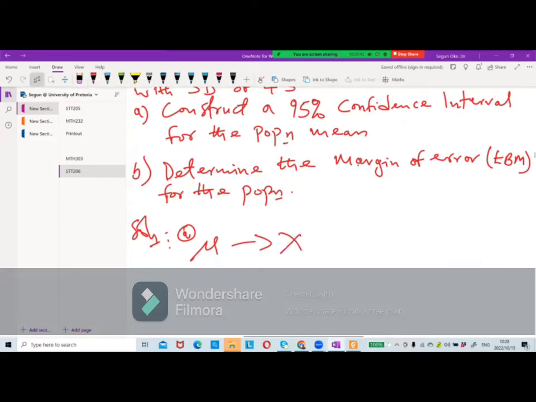So we have it to be X bar plus or minus T, but we call it confidence interval. Now that we are looking for, we are not talking about alpha over 2, I'll come back to that.